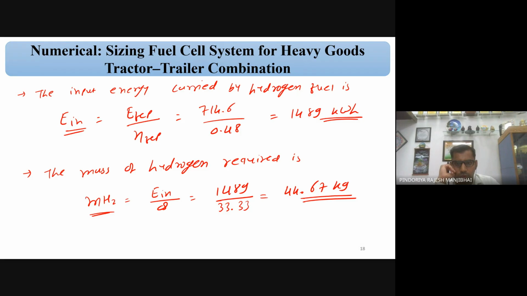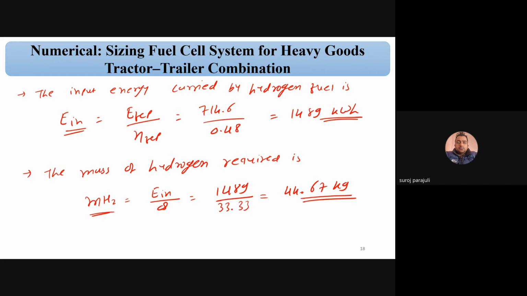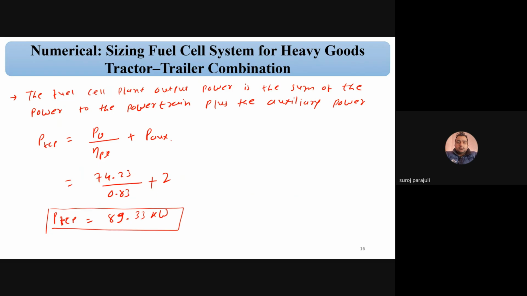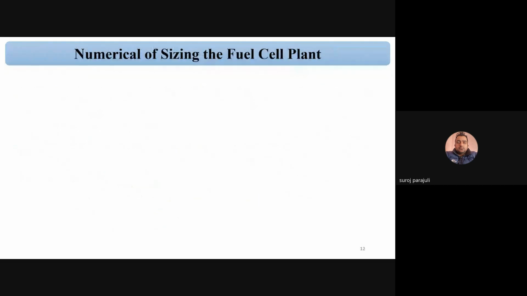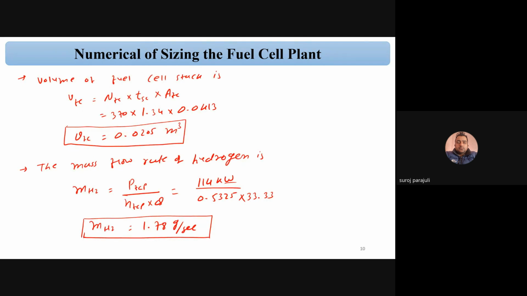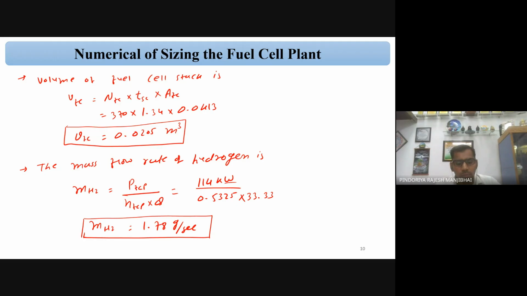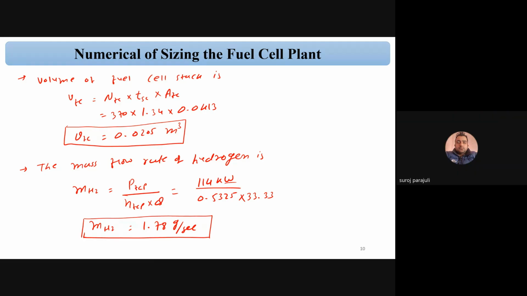In the previous example, the unit used was gram per second, sir. So maybe you can convert the mass. Mass flow rate, maybe, sir.